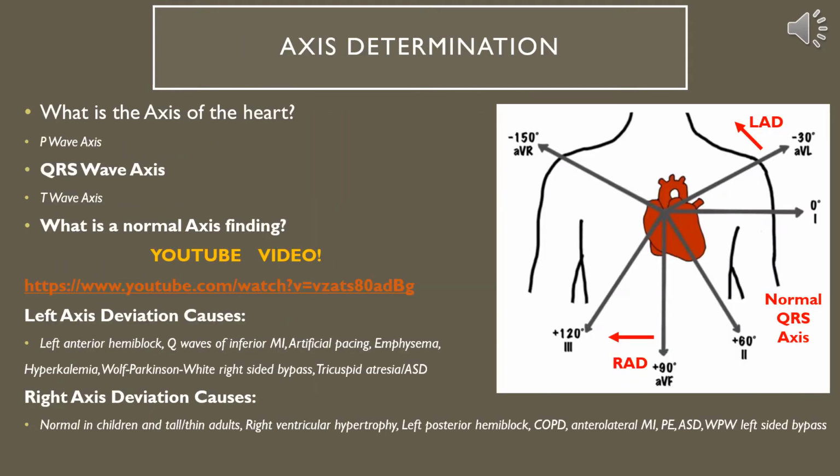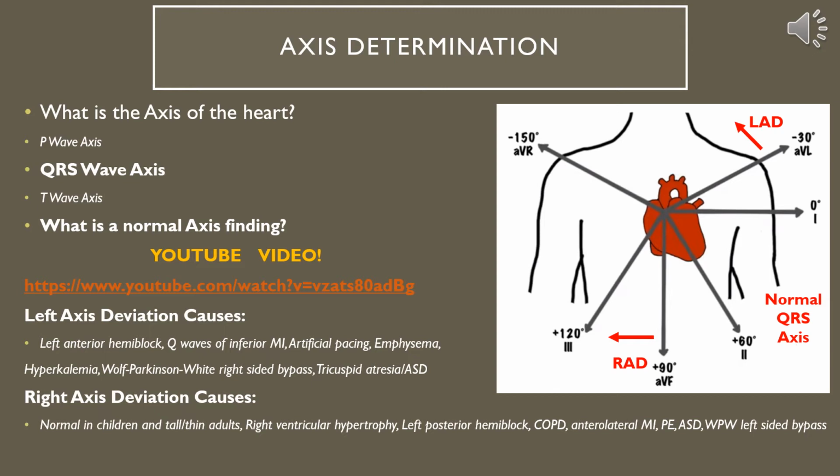Before we start breaking off into evaluating rhythms of EKGs, I want to first go into more detail about axis determination. Axis determination really is us looking at the overall electrical activity and flow of the heart's electrical motion.